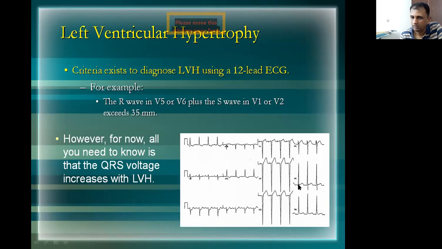So this is the R wave, and if you calculate the R wave in V5 or V6 leads and add it to the S wave, this is the S wave, in V1 or V2, it should be more than 35 millimeters, because in an ECG trace you will have the millimeters and the duration along the X and Y axis, which we discussed a few days ago. If you remember this, then you can use this calculation, and this should be more than 35 millimeters. Put it together: S wave in V1 or V2, R wave in V5 or V6.